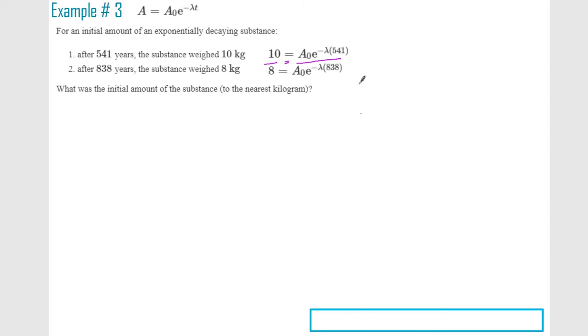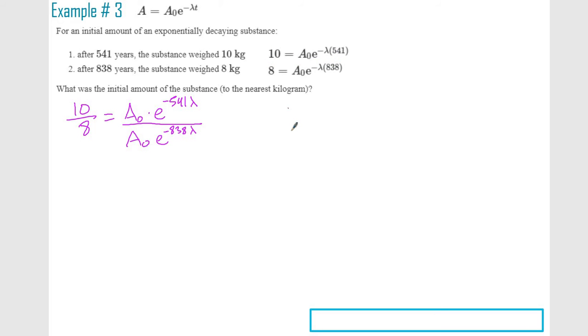That ratio should be the same. So 10 over 8 is going to equal the first term times e to the negative lambda times, well, I'm going to write this nicer, negative 541 lambda all over initial amount, e negative 838 lambda. So we can set up a proportion.